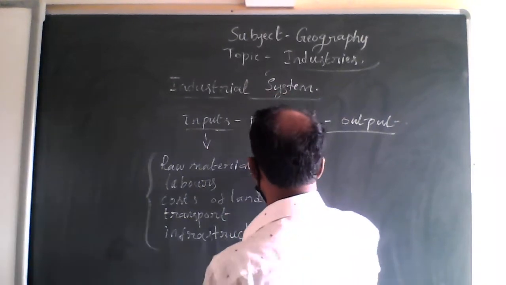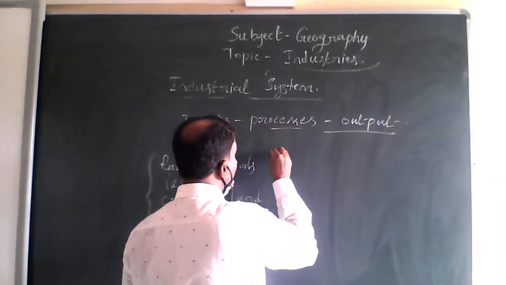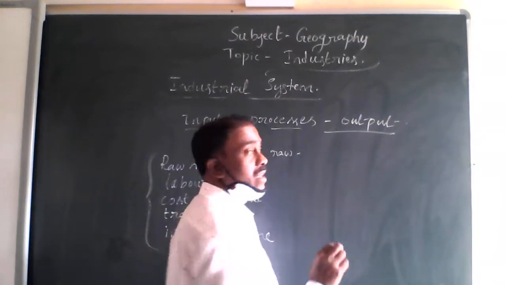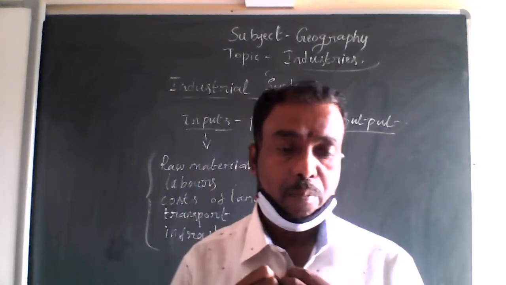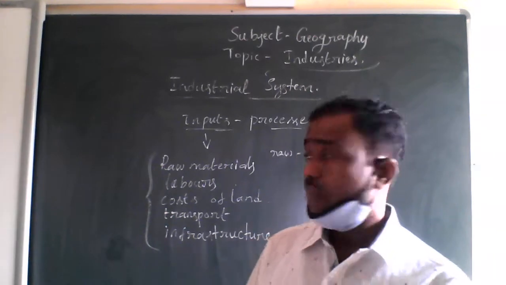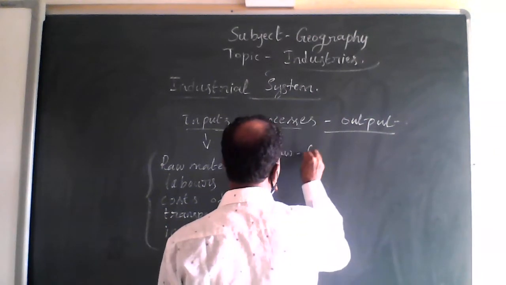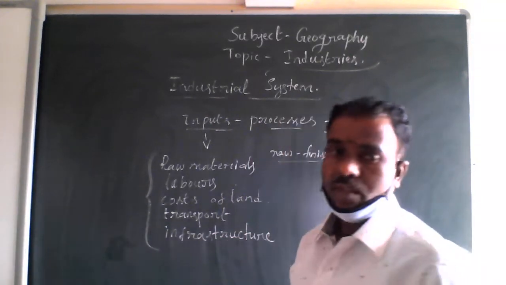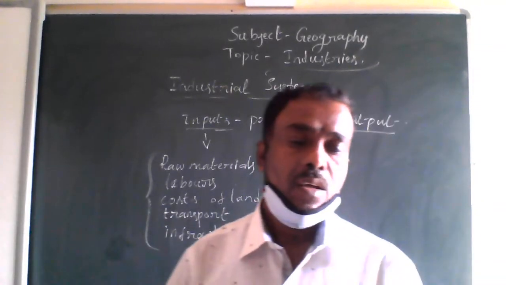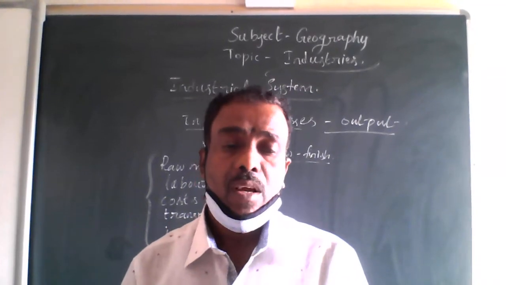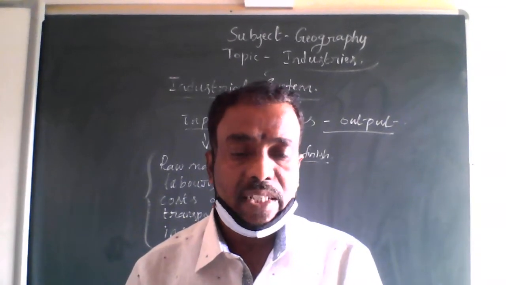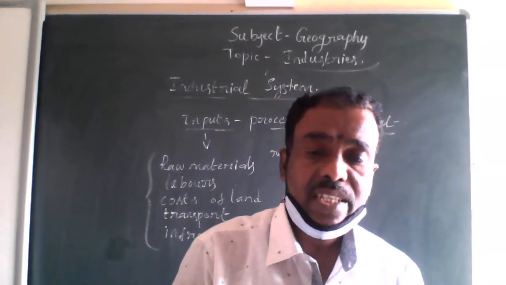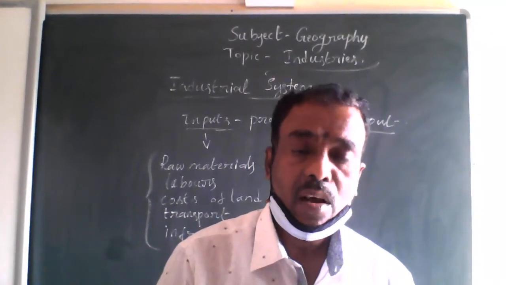So here the process converts raw material into the products, or what we call finished goods. Understood? So the processes include a wide range of activities that convert the raw material into finished goods or products.